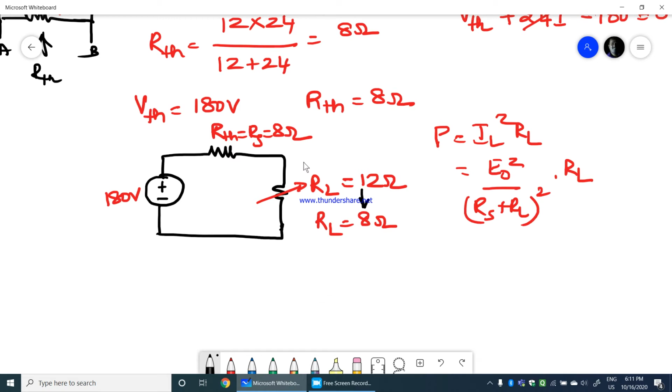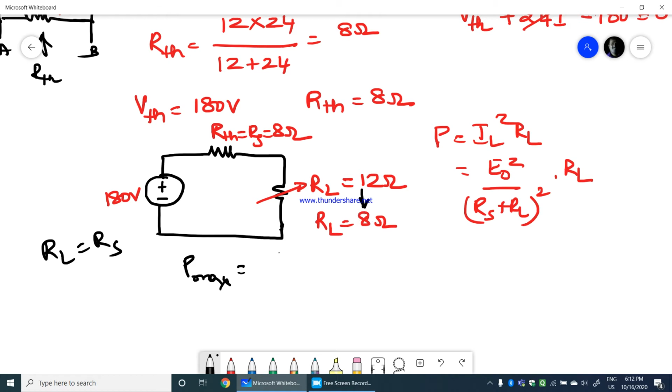In the question it was given as 12 ohms, but Pmax will not be obtained until RL becomes equal to RS. So I need to reduce this RL, which was given as 12 ohms in the question, to 8 ohms.